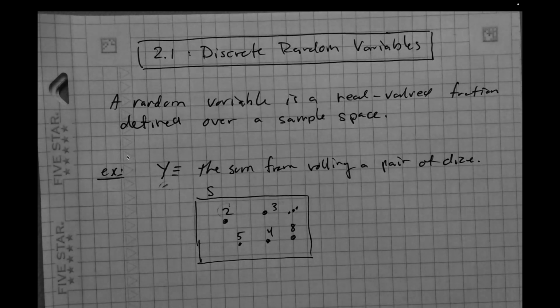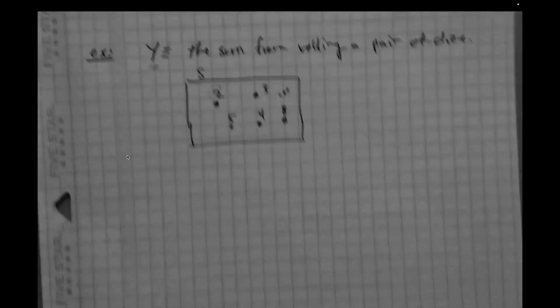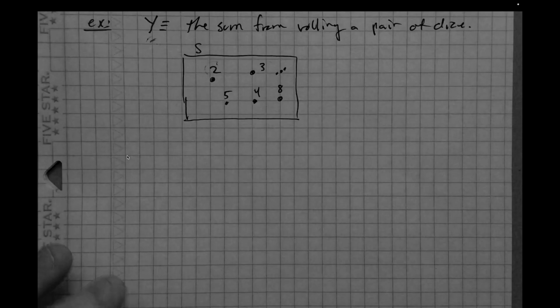Now what we want to talk about here is, what do we mean by a discrete random variable? A random variable is said to be discrete if it can assume only a finite or countably infinite number of distinct values.